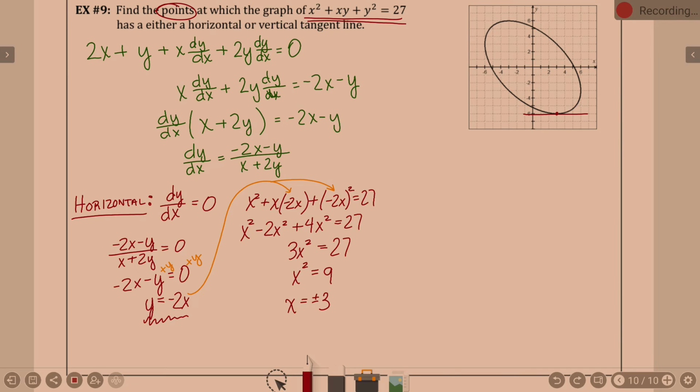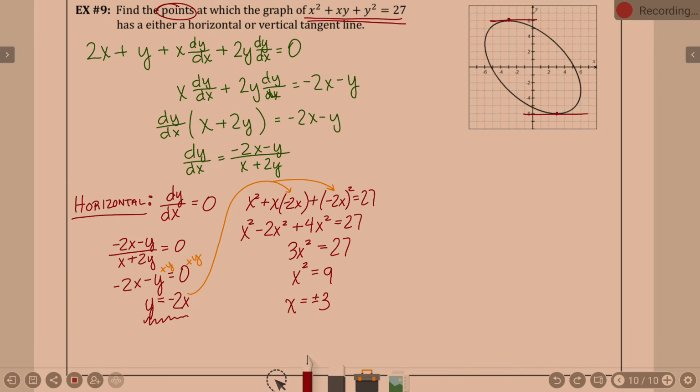Now, could you take the 3 and plug it back into an equation and find it? Yeah, we could take the 3 and plug it back into this equation and find it, but I'm taking the shortcut. Does negative 3 make sense? X value of negative 3, does it make sense there's a horizontal tangent line there? Yep. Certainly does, and that's going to be at negative 3 comma 6.